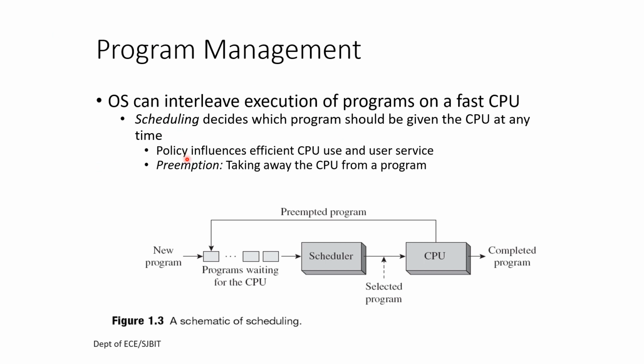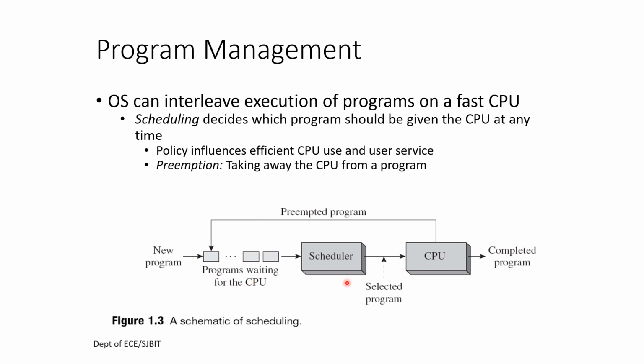Now, here you can see the diagram which shows the schematic of scheduling. Each rectangular box represents a program waiting for the CPU. The set of programs is available in the queue, ready to execute and waiting for the CPU.